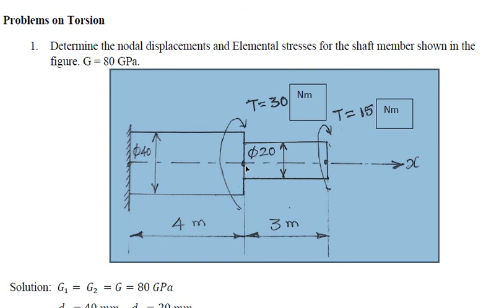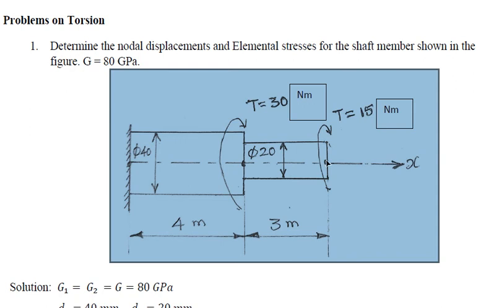At the same time, there is one load acting, a moment of 15 Newton meter applied at node 3. Since there are two conditions, the load is applied here as well as it is stepped down, we should consider this member to have two elements. This is the first element and this is the second element. So this is node 1, node 2 and node 3.